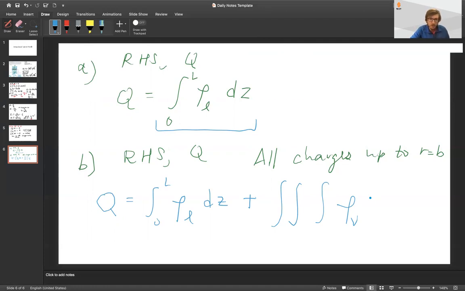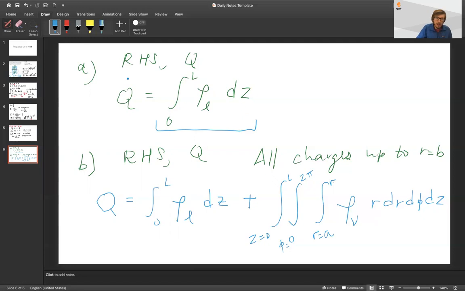That volume charge density is going to go from r equal to a up to b for the total charges, from 0 to 2 pi in the phi direction. Actually, sorry, this is going to be r all the way up to r, where r could be as large as b, and z from 0 to L once again.